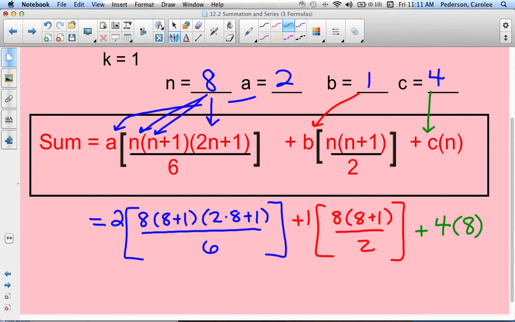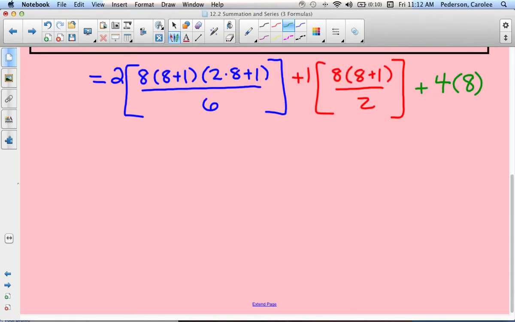Now we have some simplifying to do in this equation. So you want to do your orders of operation. So start with the blue and simplify within those parentheses. So I'm going to leave the 2 alone out in front of that bracket. I'm going to leave the 8, and now in that parentheses, 8 plus 1 is 9.